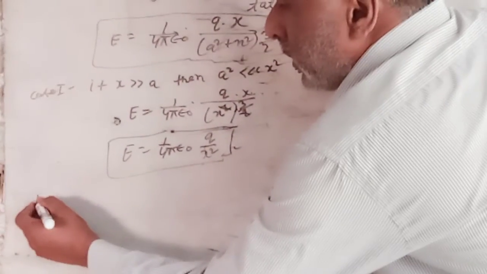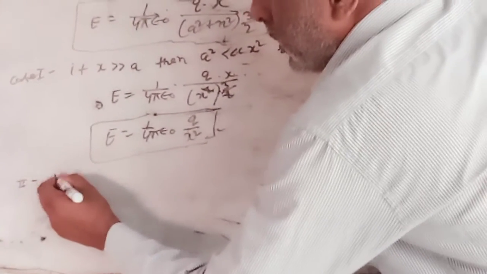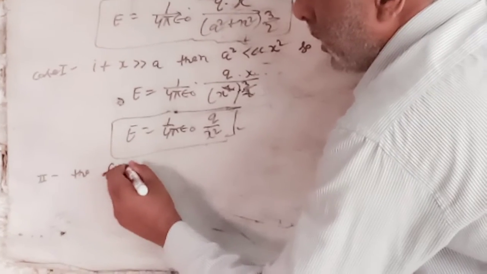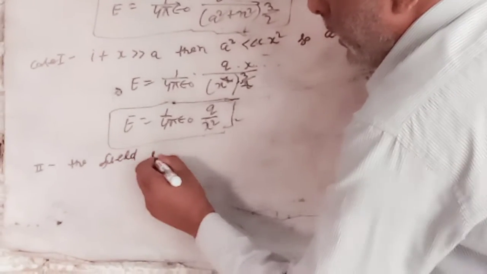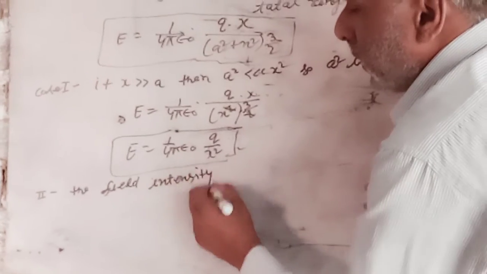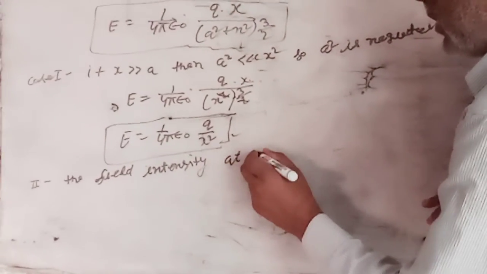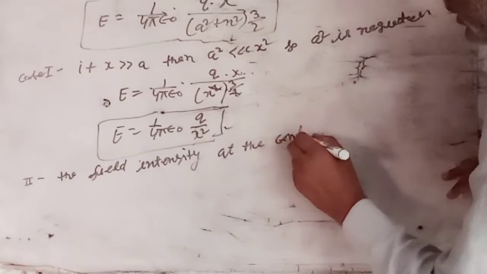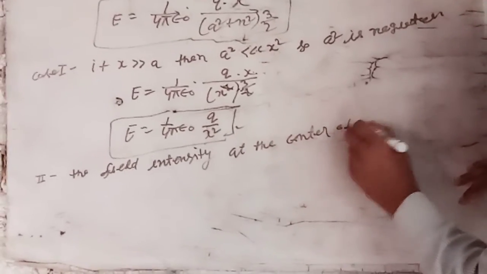Second condition, the field intensity at the center of the ring.